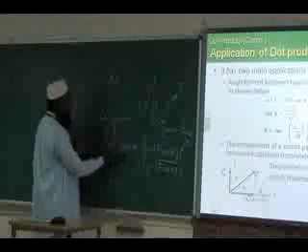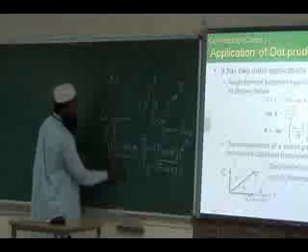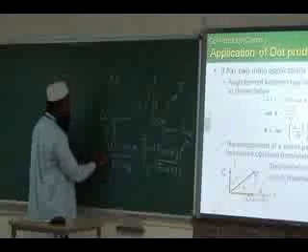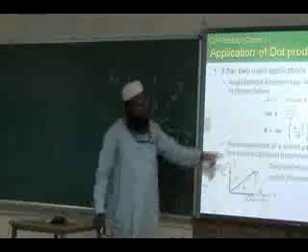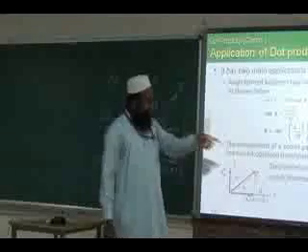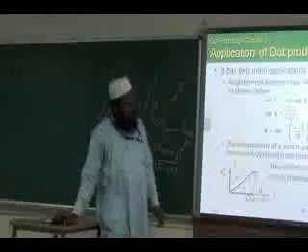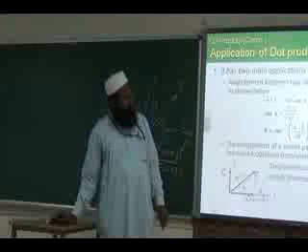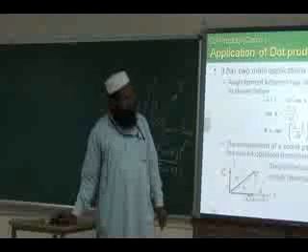So we write A cos theta as A dot U, vector A dot unit vector. That is how we got A dot U, as I have already mentioned here also.